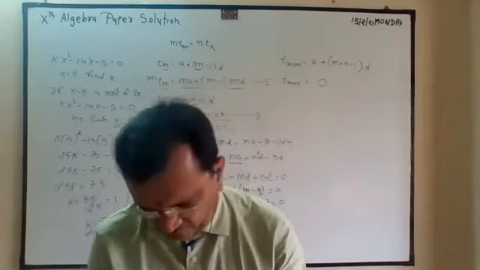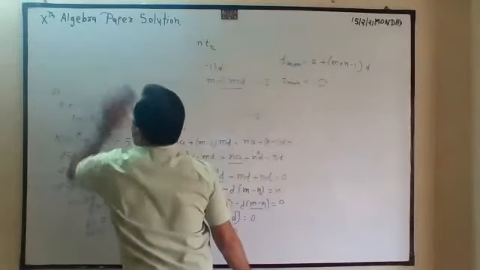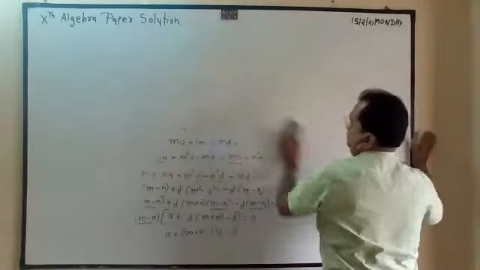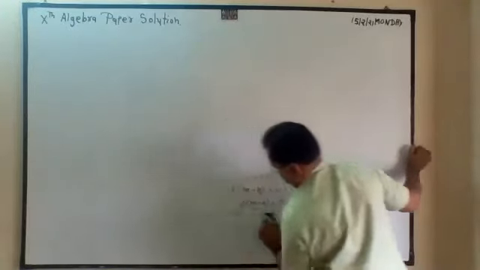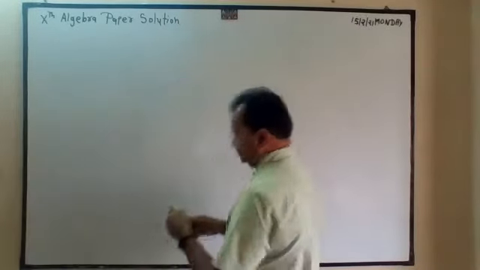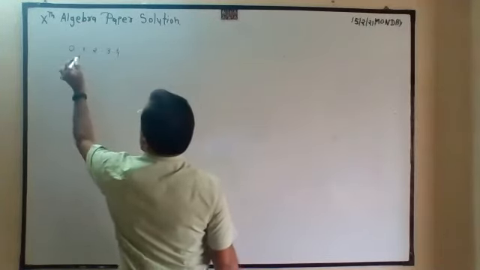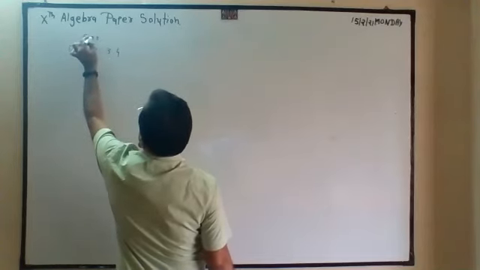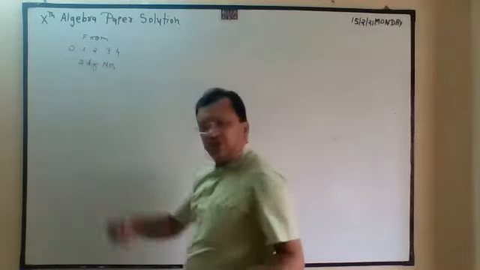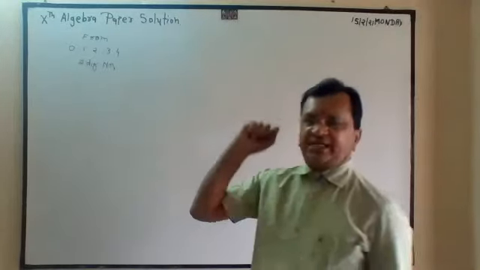Without repeating 0, 1, 2, 3, 4, first find out the number of two-digit numbers from 0, 1, 2, 3, 4. 0 cannot be in the tens place; 0 can be at the unit place.